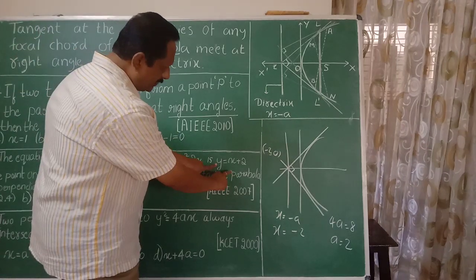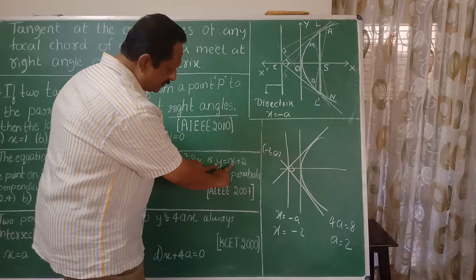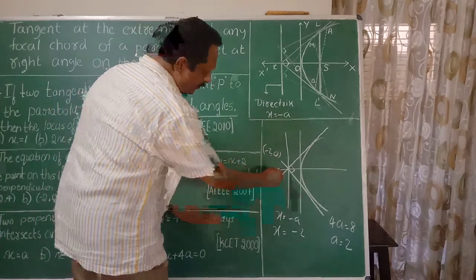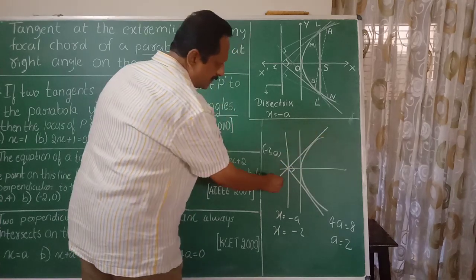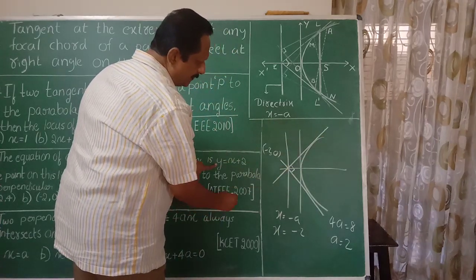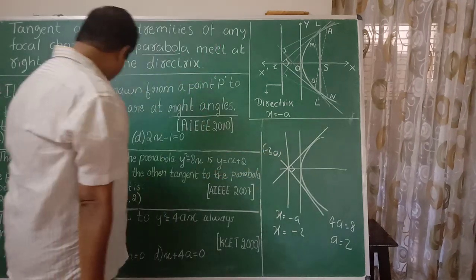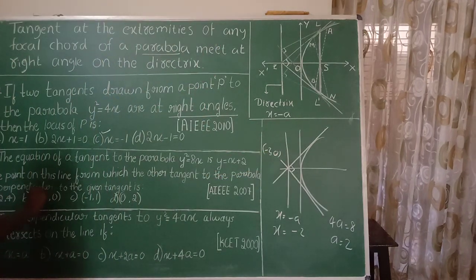Here x is equal to minus 2 and y is 0. The equation is satisfied. Yes, the point lies on this tangent. Therefore the point of intersection must be minus 2 comma 0. Hence minus 2, 0 is the correct option.